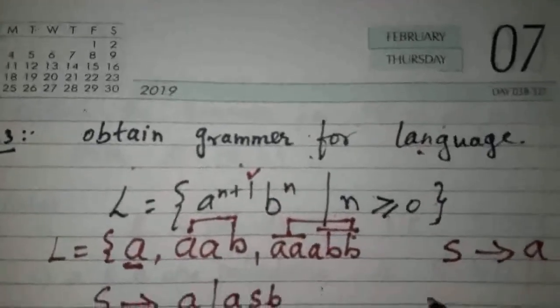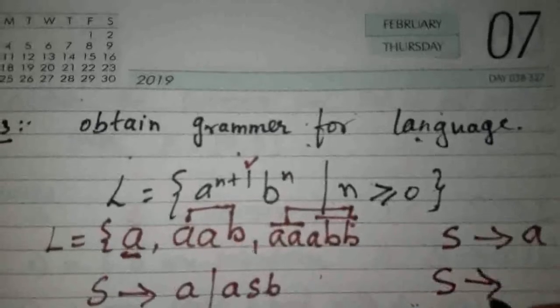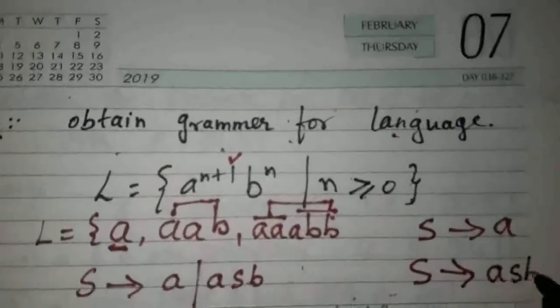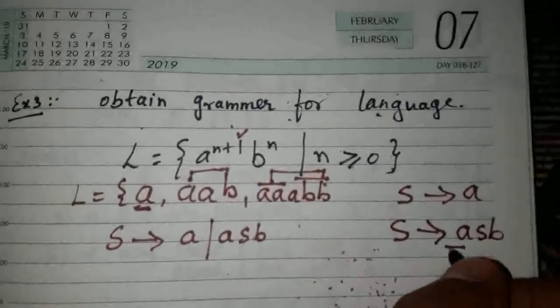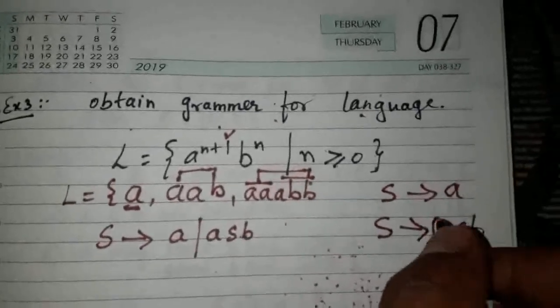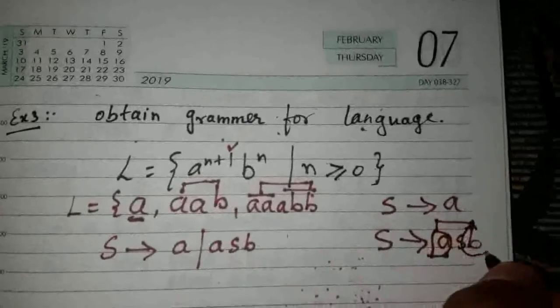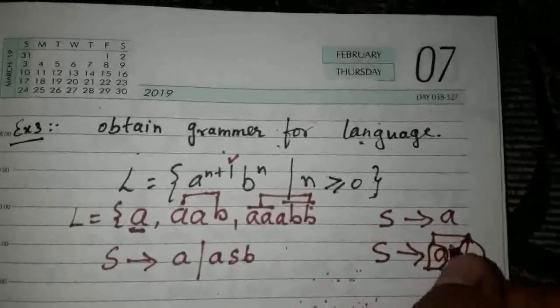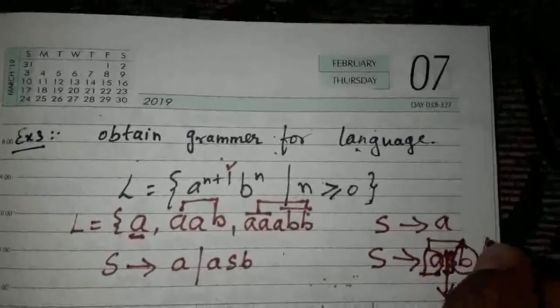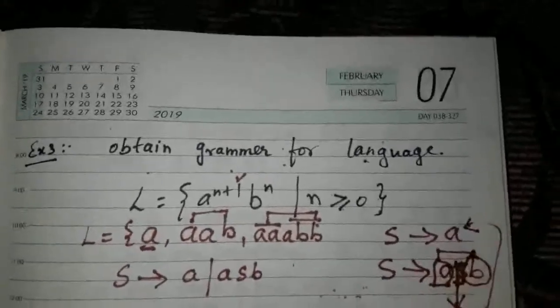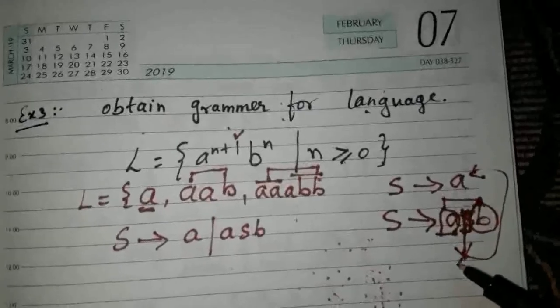I can write it as S → aSb. That means the first half of the a's that you get will be the same as the second half of the a's every time. But when you stop, the S in between should always be an extra a. Isn't it?